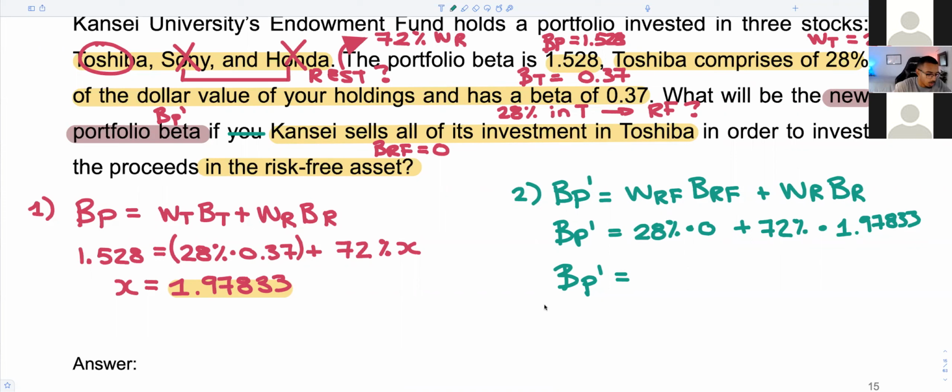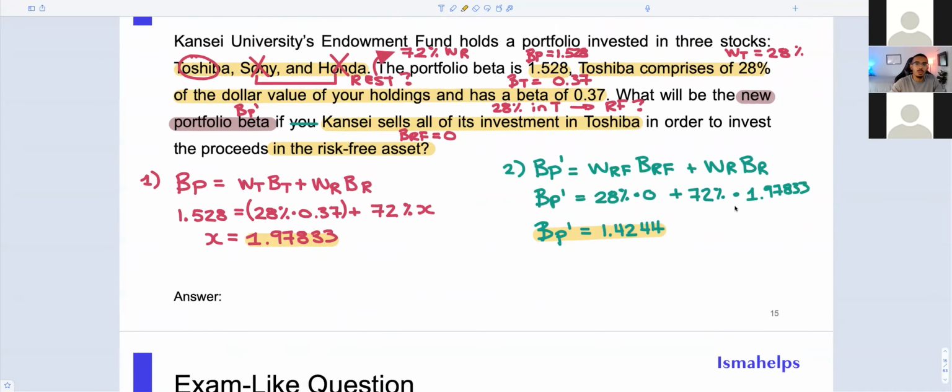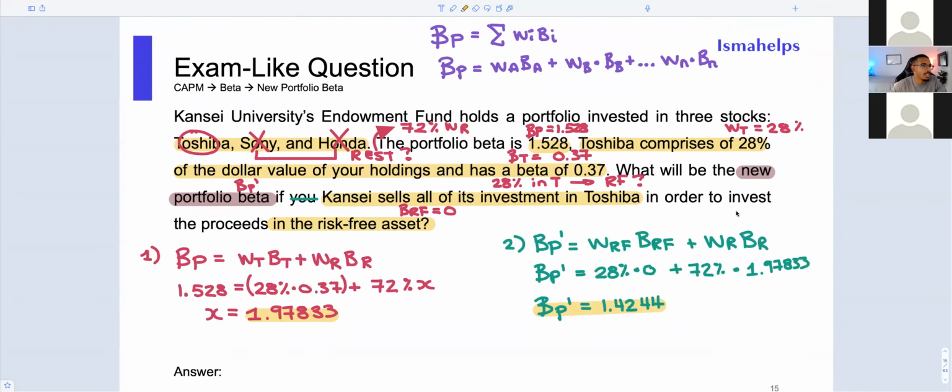I'm going to round it to make it simple. So we've got our answer just like that. Pretty straightforward, right? I don't think anybody should feel scared if they see this on the exam. There are literally two steps that we need to do.